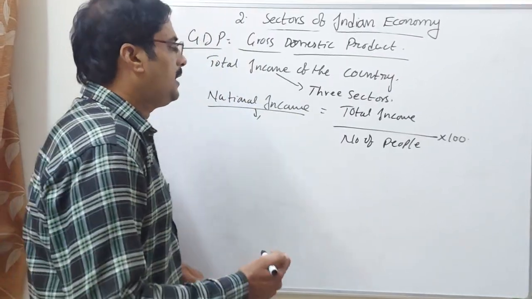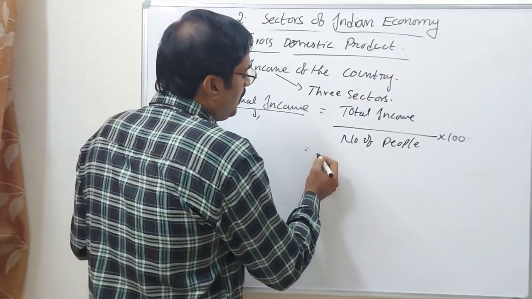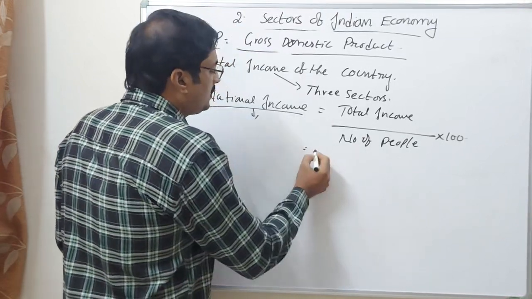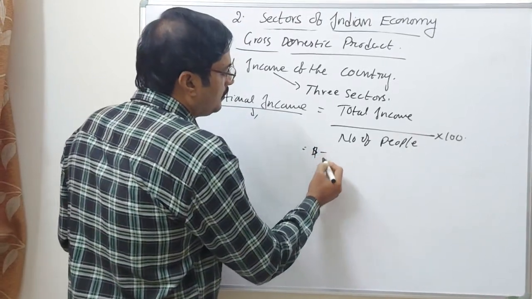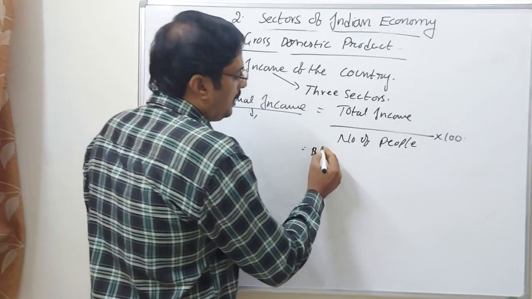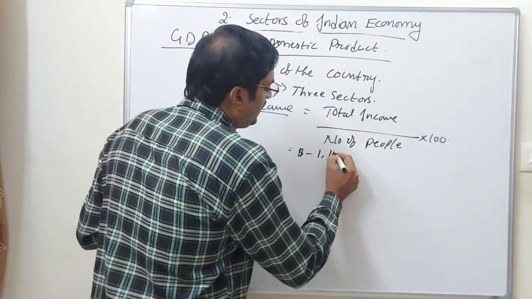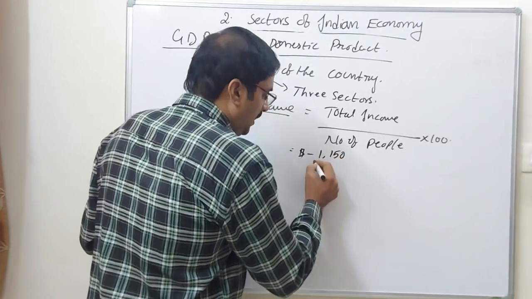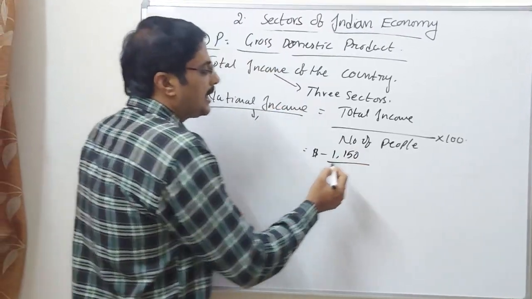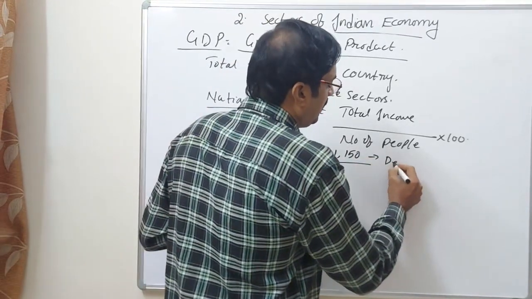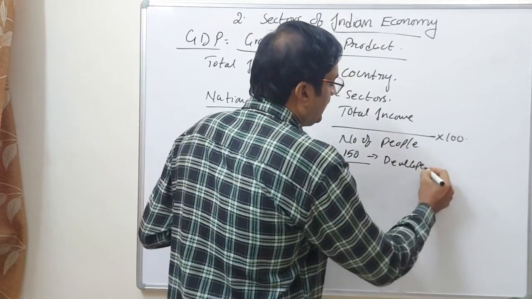If this income is more than 1,150 dollars, that country we can call a developed country.